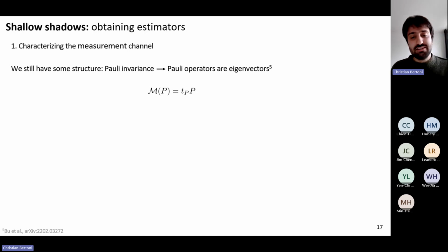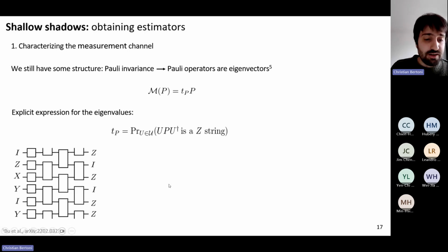We still have Pauli invariance, which means that the ensemble that we picked is invariant under left and right multiplications by Paulis. And Bu and co-authors proved that this actually implies that the Pauli operators are eigenvectors of this channel. And what is left then for a characterization of this measurement channel is to compute these eigenvalues t_P.